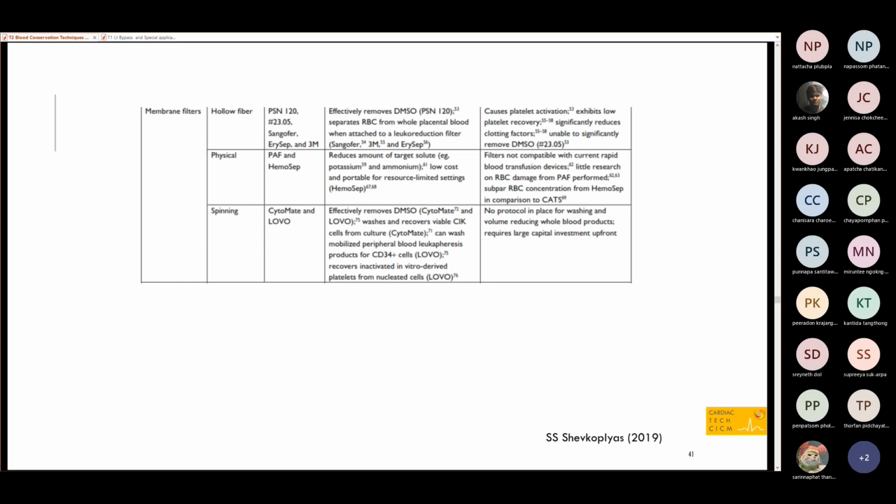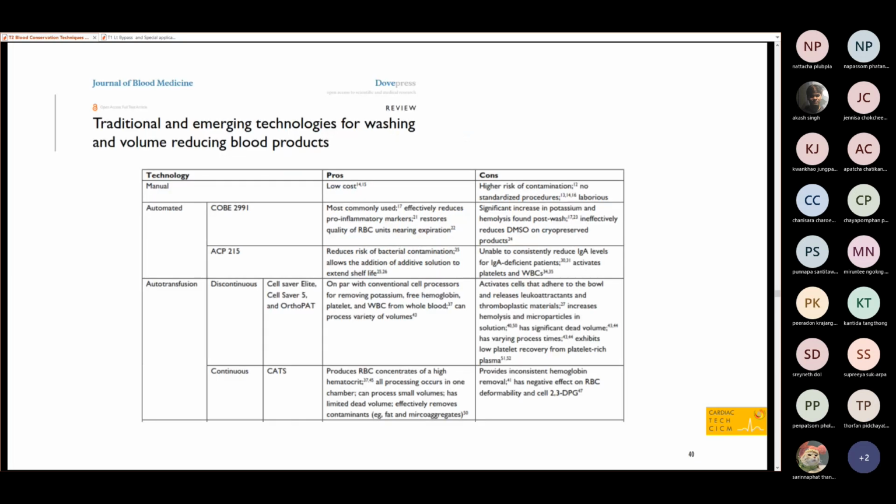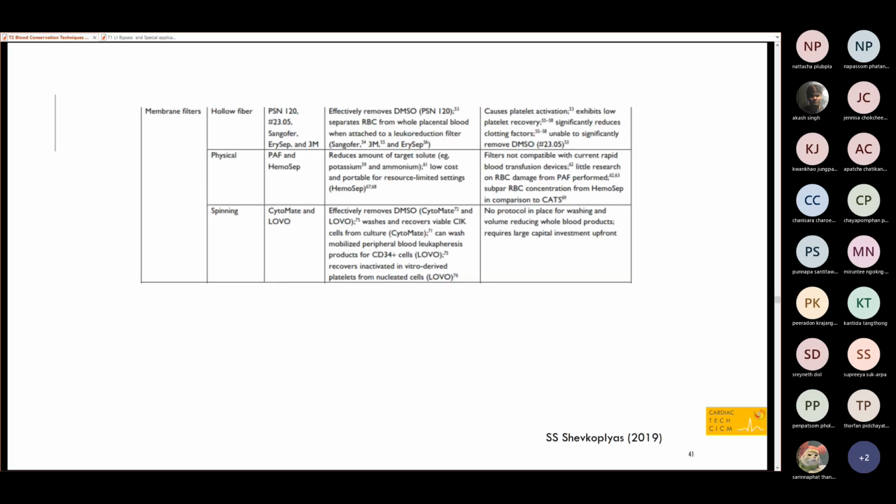But some machines do not use the centrifugal. They use another device such as a membrane filter, the membrane or any material like sponges to collect the excessive fluid.